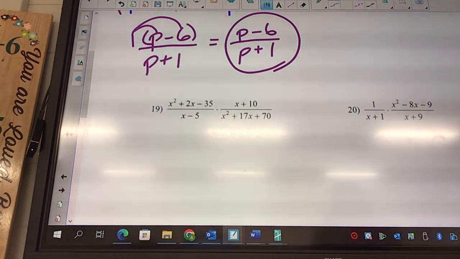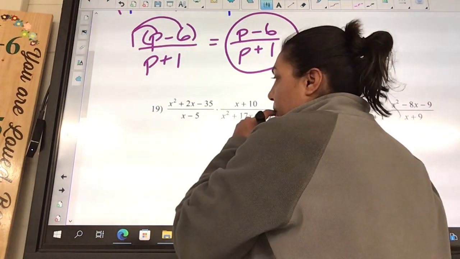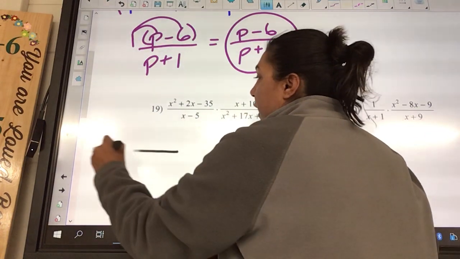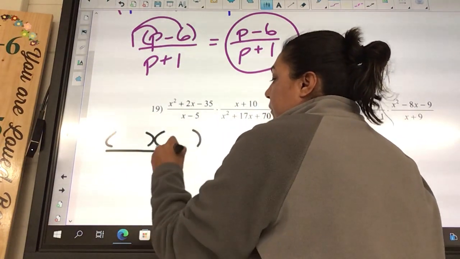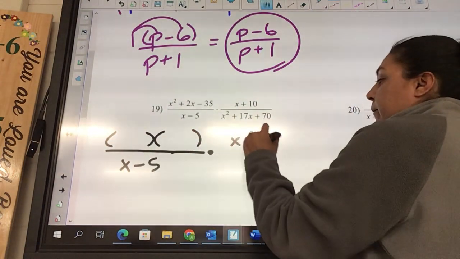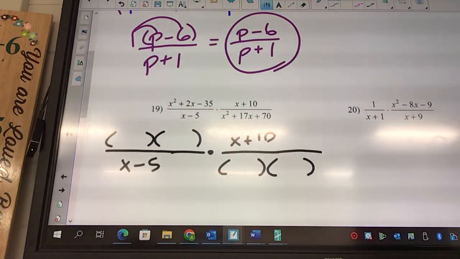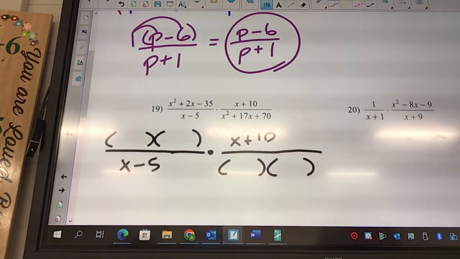Okay, 19. Which one of these needs factored? Be more specific. The one with the 35, and the one with the 70. Good. Okay, so set your stuff up and draw all your parentheses out where you're going to need them.